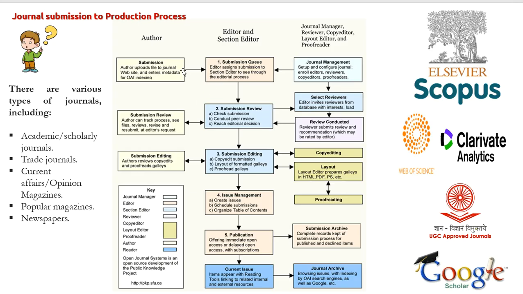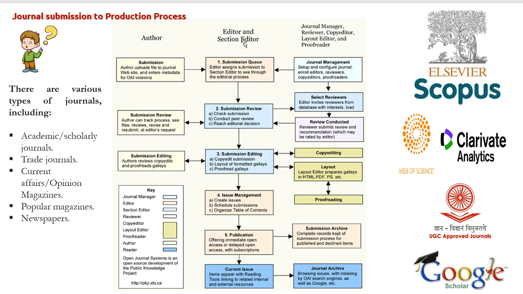Okay, later you know the publication process is already done: submission queue and review process, editing and issue management, publication and current issue, and finally the journal archive, like previous issues, previous years, last year, for example 2010, 2020, 2022, 21, 20, like this journal archive.